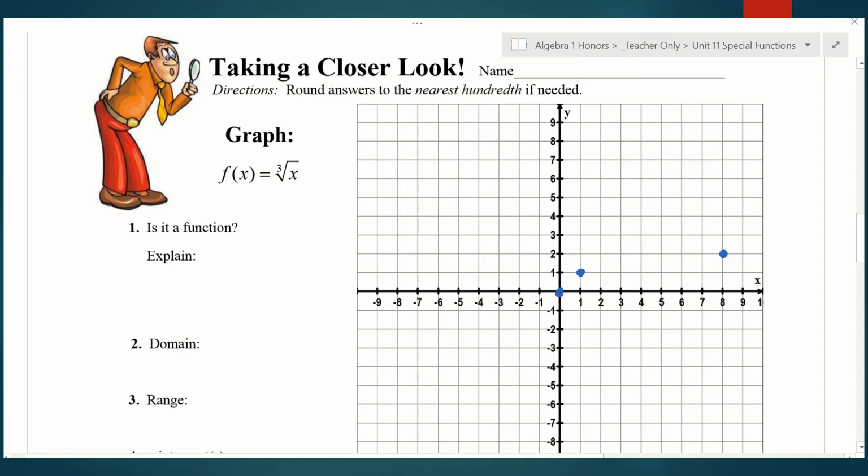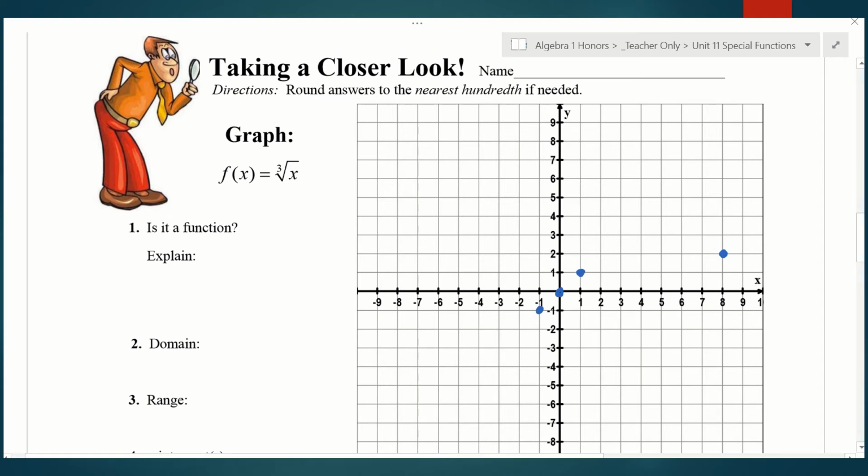Now what's interesting about cube roots is you can actually take the cube root of a negative number. So let's talk about that for a second. If I were to multiply negative 1 times itself 3 times, negative 1 times negative 1 is positive 1, and positive 1 times negative 1 is negative 1. And so the cube root of negative 1 is actually negative 1. So this is a case where you could get a negative answer.